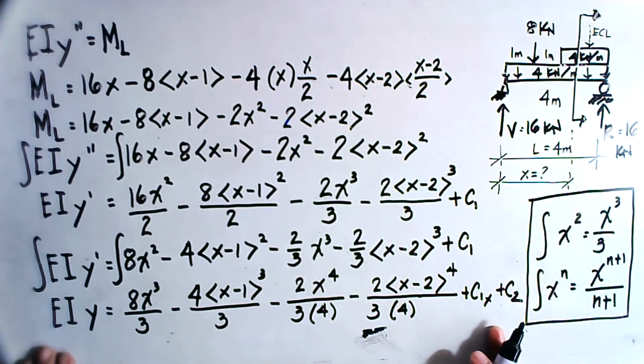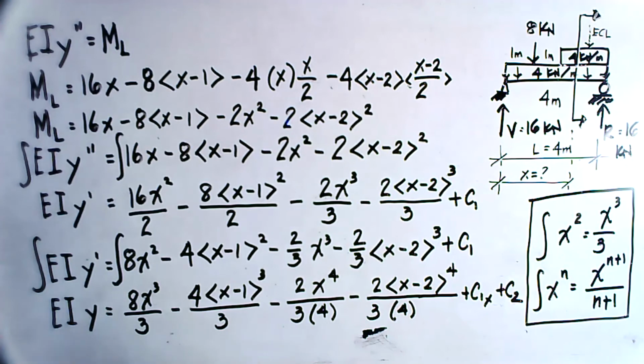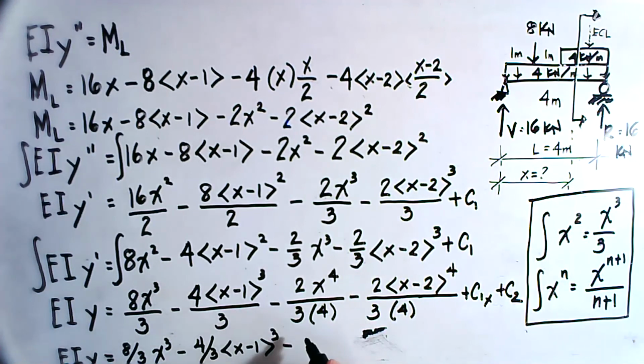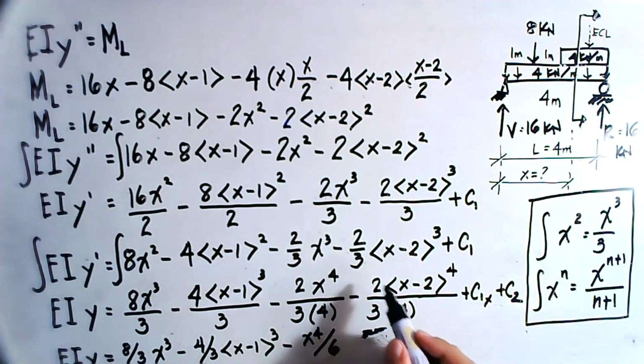So this will be our deflection equation. EI y is equal to 8 over 3 x cubed minus 4 thirds x minus 1 cubed minus 1 sixth, or x to the fourth over 6.